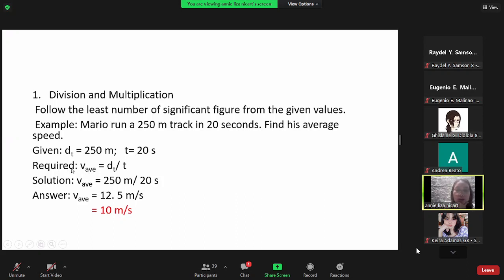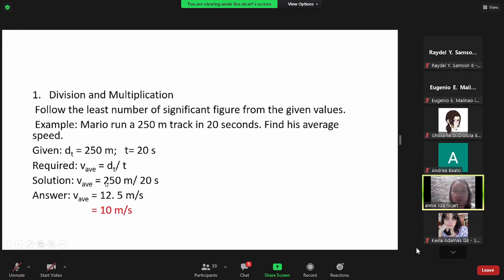So what is required is the average speed. The equation for finding the average speed is the total distance traveled divided by time. Okay, solution. So 250 meters, which is the value of the total distance, divided by 20 seconds.